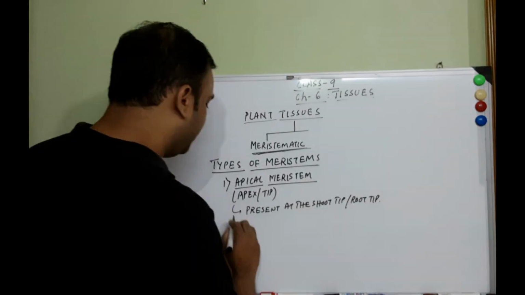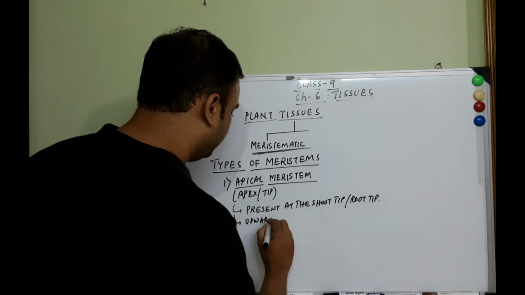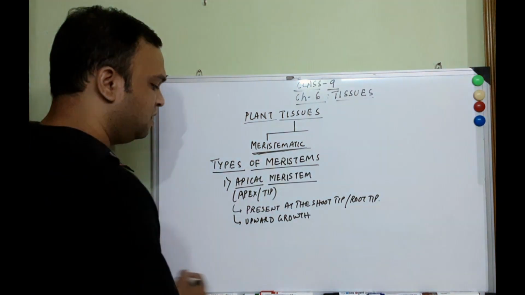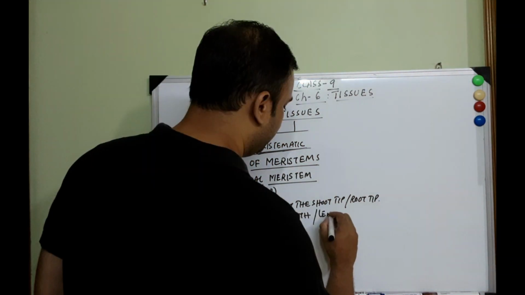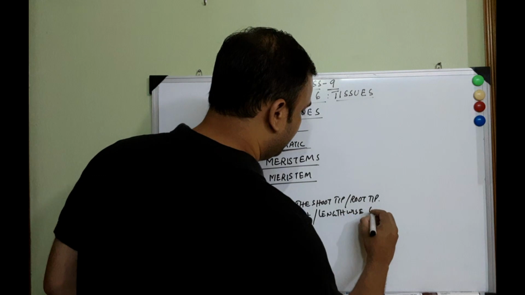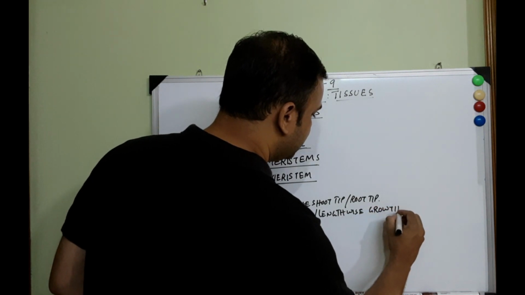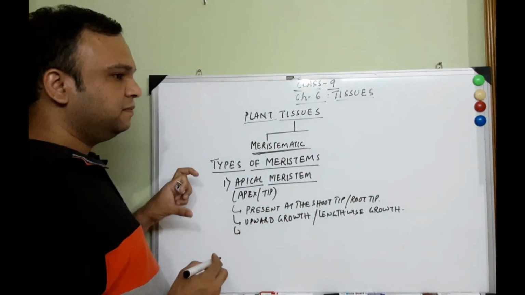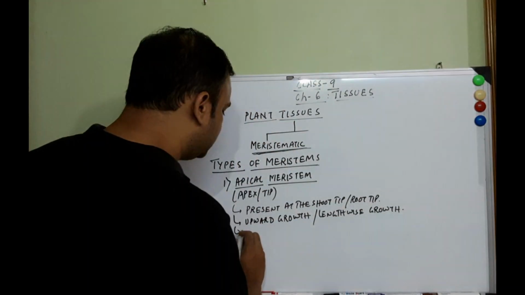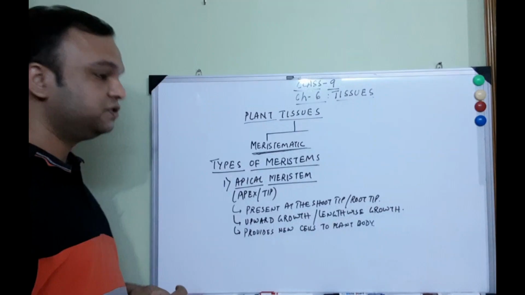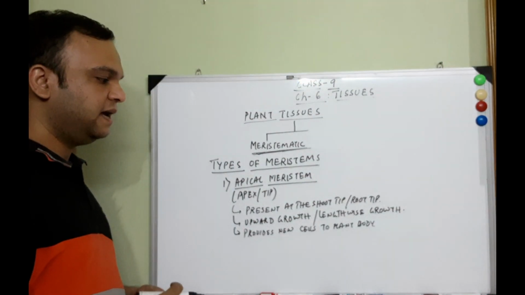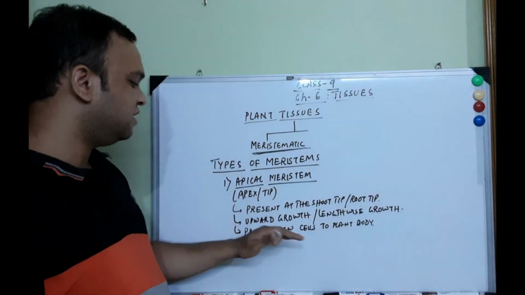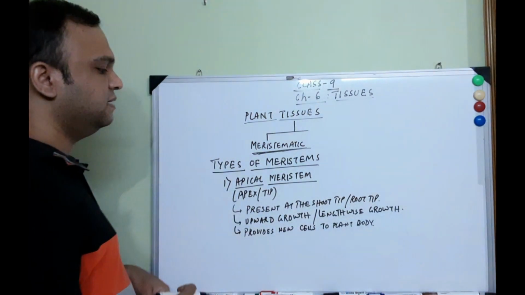It helps in the upward growth of the shoot, and the downward growth and penetration of the roots. In other words, lengthwise growth is promoted by the apical meristem. The apical meristem provides new cells to the plant body so that the plant may grow in height, and in that process the plant becomes mature.